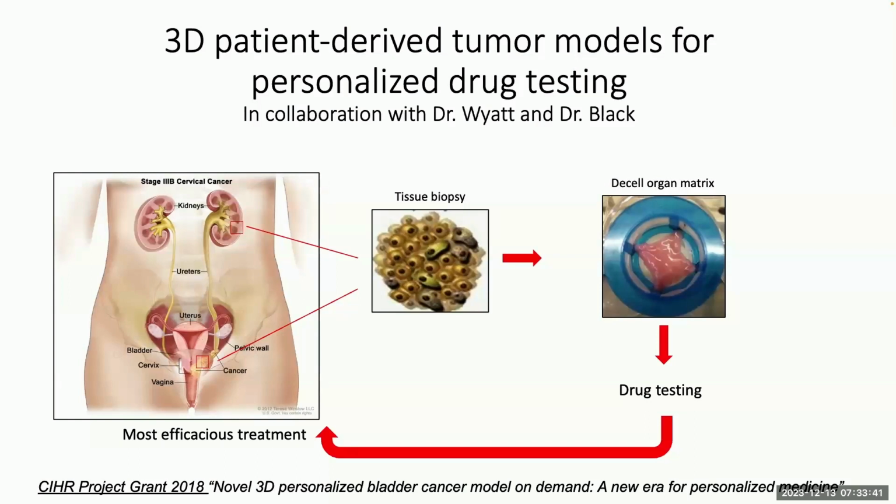The grant was proposed specifically for bladder, but the idea is any cancer. You get samples from the patient, you dissociate them and get the cells from the tumor, and then you seed decellularized matrices from that specific organ with the cells from that patient. The idea was to start drug testing and learn which is the most efficacious drug to give to the patient.